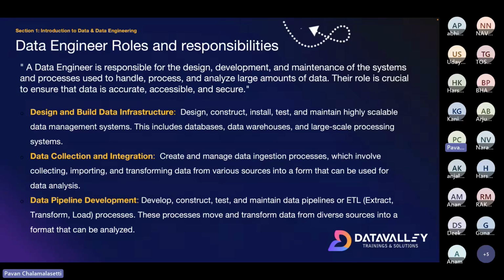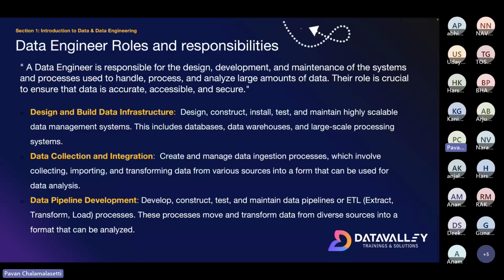The first one is design and build data infrastructure. When we say infrastructure, it's nothing but a platform. Your laptops, for example, have memory and storage, hard drives and memory. So when you build your data platforms, your data platform should be able to take data as it comes.